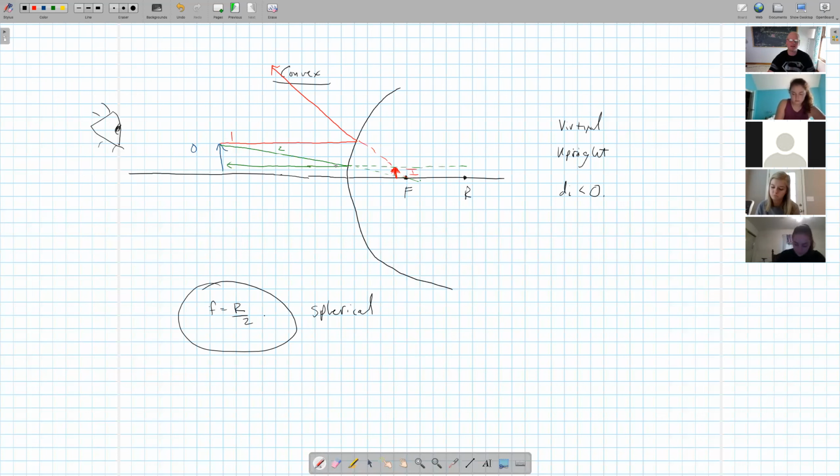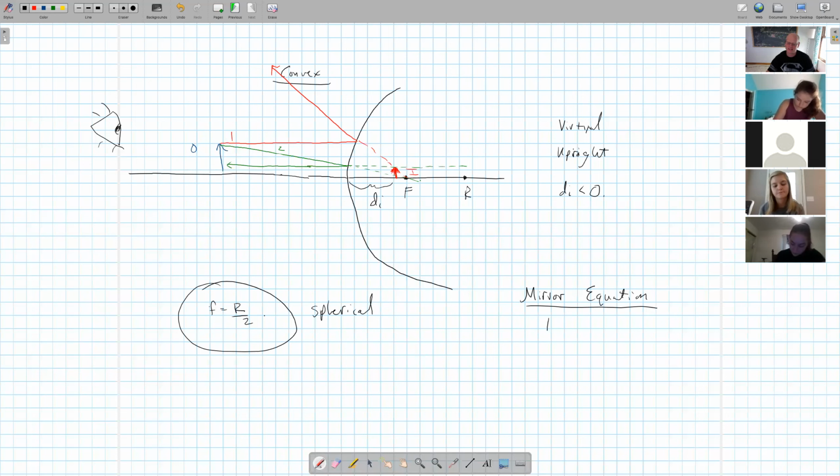Now, if I wanted to know the mathematical location of this image distance, we're going to use something known as the mirror equation. So what's the mirror equation? It's derived from doing a whole bunch of geometry, which I'm not going to bother to do. I'm just going to tell you what it looks like, and we'll talk about it from there.